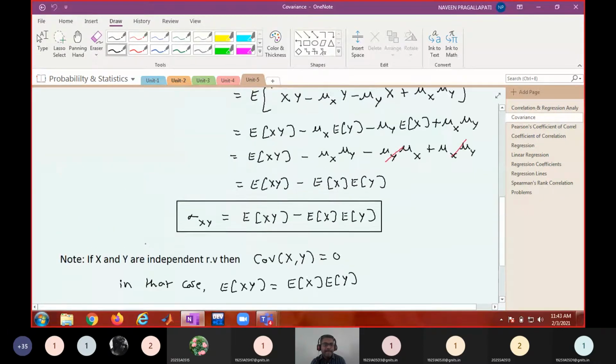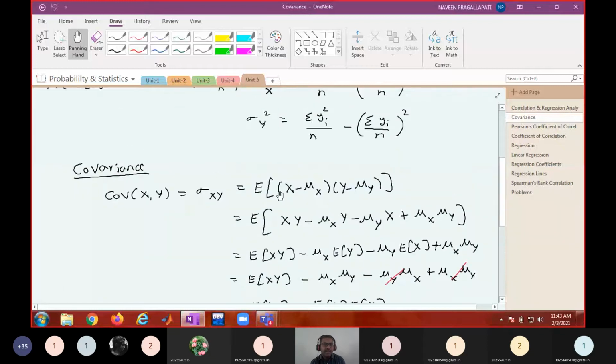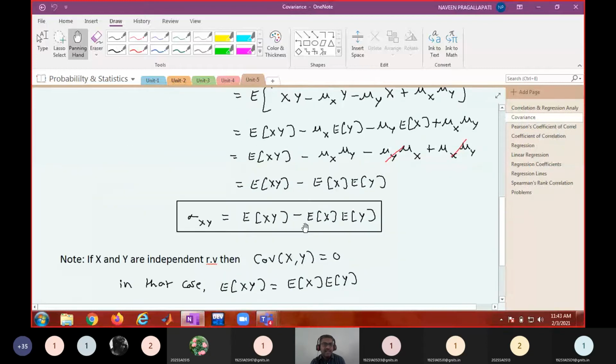We defined the coefficient of correlation like this: R equal to sigma xy by sigma x into sigma y, where sigma xy is called covariance, and we have defined covariance here and got an expression for it.